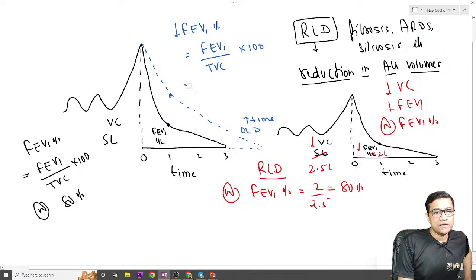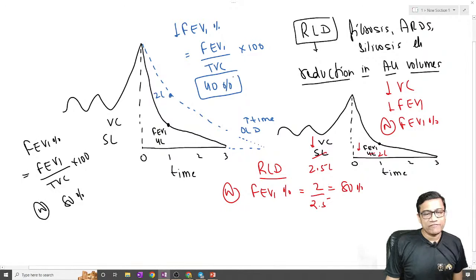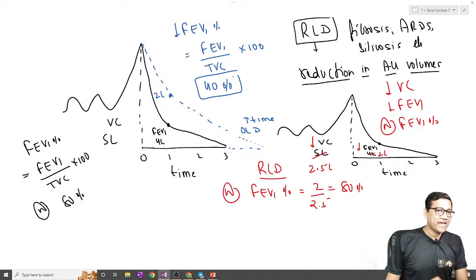Is that right? So that value is around 40%. That's why in OLD air is coming slowly, and that's why we see a decrease in FEV1 percentage. So the VC can be normal, but the FEV1 percentage will decrease.